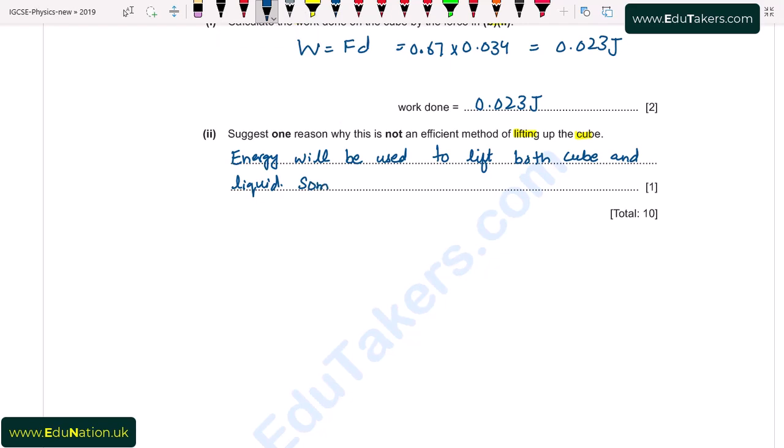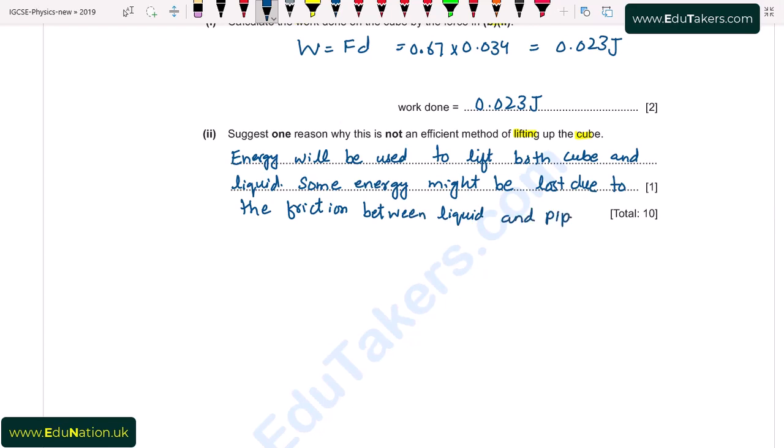Some energy might be lost due to the friction between liquid and pipe. So that's why this method is not efficient for lifting up the cube.